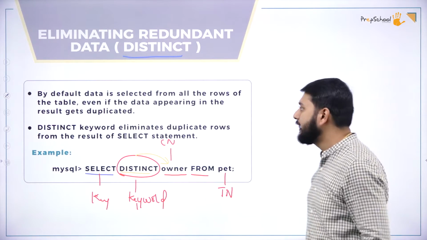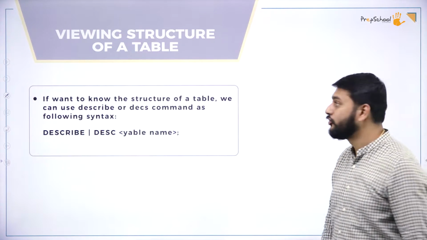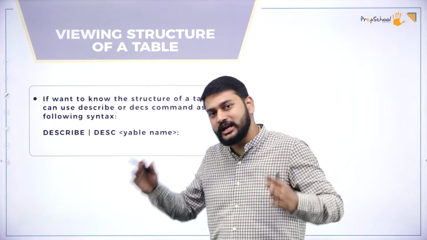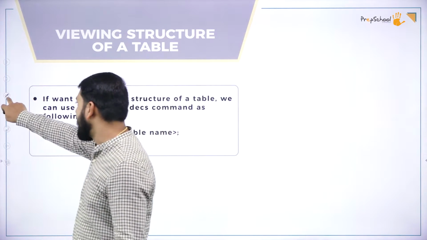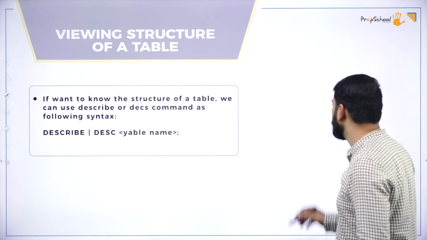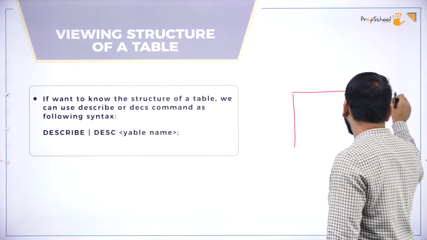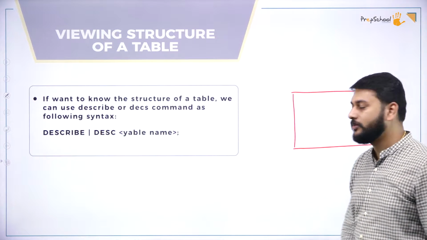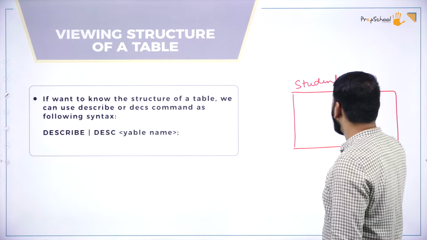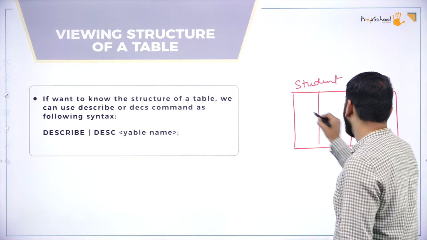So moving on to the next one. What is the next one that I have? Viewing the structure of the table. What is the meaning? Viewing the structure of the table. Please understand that I have something called student. I have a table called student. What is the name of the table? Student. So how many columns I have? I have 4 columns.